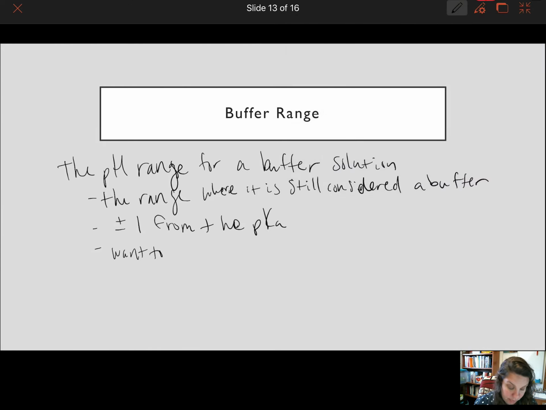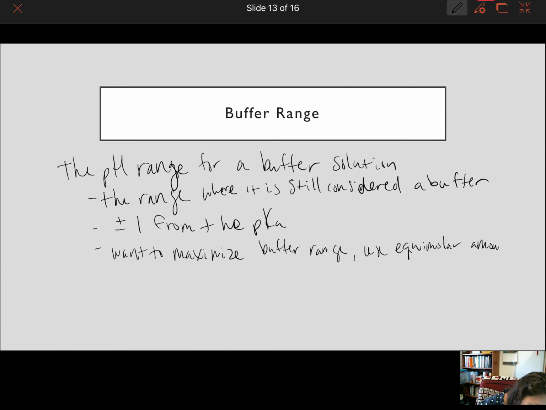If we want to maximize our buffer range, the best way to do that is to give equal volumes of acid and base, or use equal molar amounts. When we use equal molar amounts of acid and base, we can increase our buffering range because pH will then be equal to pKa, so we can go for a whole pH unit before our buffer becomes no longer usable.